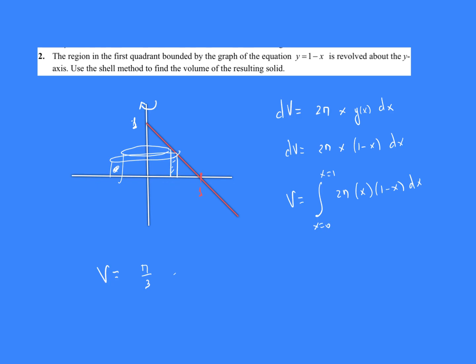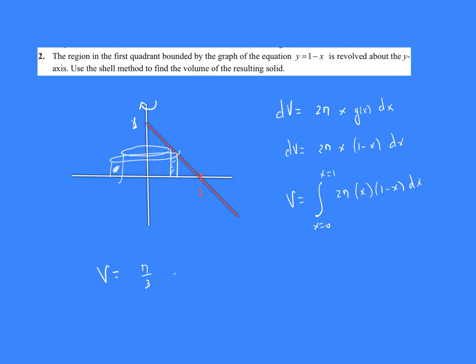So the small volume will be 2 pi x by the height by dx. The height of the door is controlled by the rectilinear line y equal 1 minus x, so I will plug in 1 minus x in my equation. And this is the small volume.